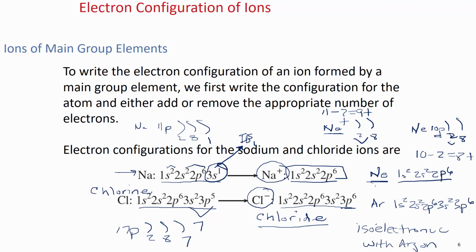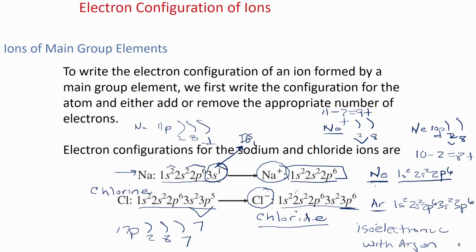Now, you're not really comparing these two directly, in that sodium is isoelectronic with neon and the chloride ion is isoelectronic with argon. But you should be able to see that sodium, because it lost a shell, is a very small ion compared to sodium that still has 1 electron in its outer shell. And chlorine, when it gains the electron, that last electron is not attracted to the nucleus very strongly because the Z effective hasn't changed.